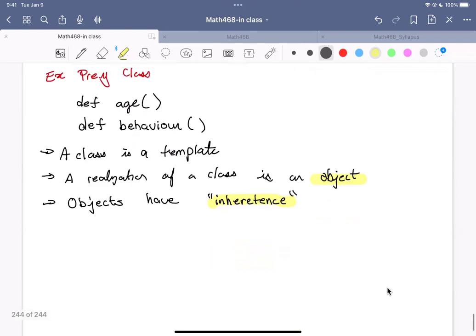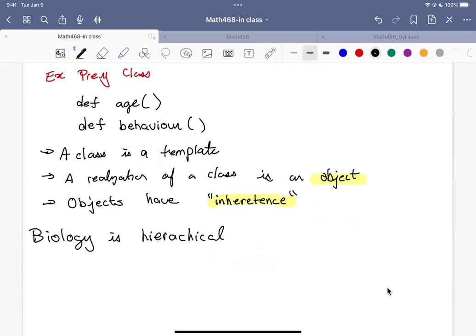So give me some examples of where we see hierarchies in biology.